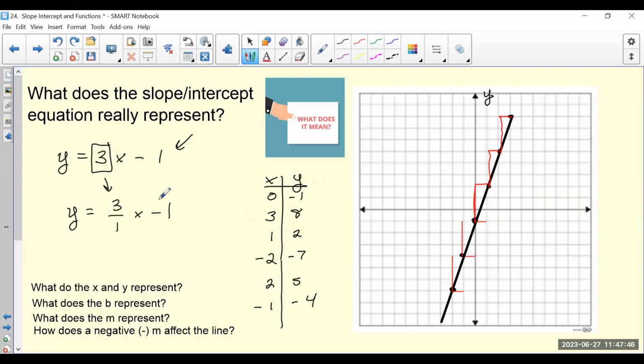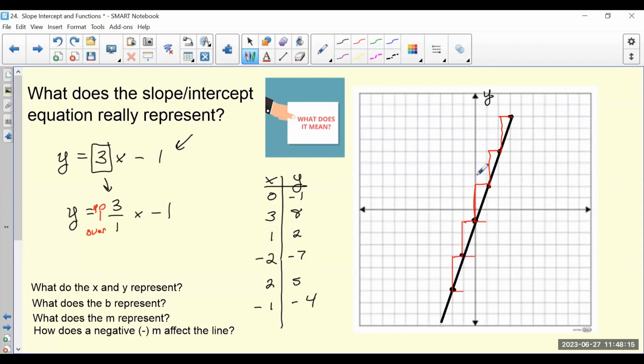Now when you start looking at this improper fraction, you see that the top number is how far we're going up or down, and the bottom number is how much we're going over. So a slope of 3, which is really 3 over 1, tells us, hey, from each point to the next point, just go up 3 and over 1.